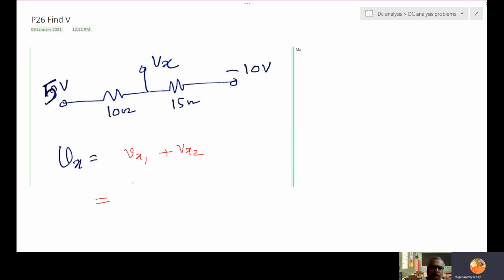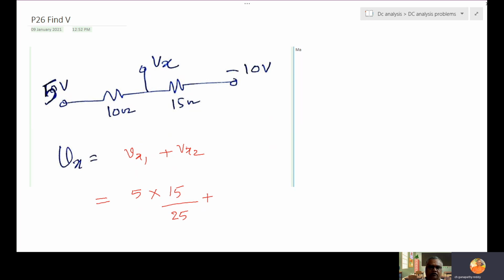Vx1 is because of 5 volts. Now this minus 10 is 0, so grounded. If minus 10 is grounded, Vx1 means the voltage across 15. So 5 into 15 by 10 plus 15, 25.